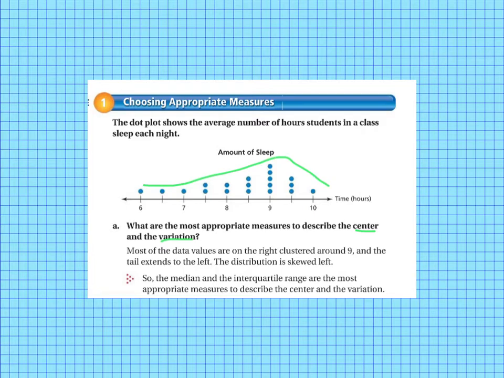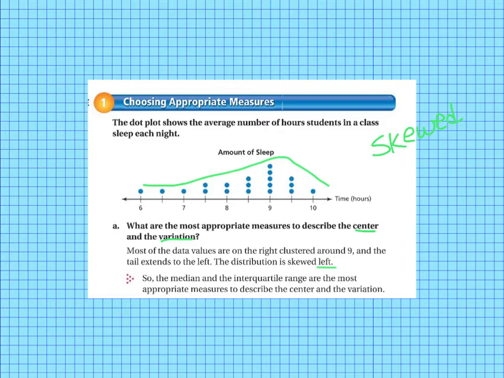So you can see there's a big peak at 9, and the tail extends to the left. So the distribution is skewed to the left. So remember from our key idea, if it is skewed, then we want to use the median for the measure of center, and we want to use the IQR for the measure of variation.